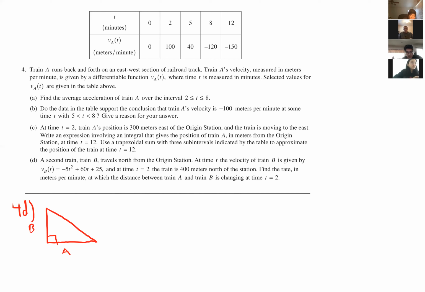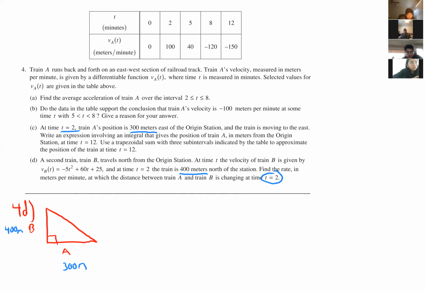And then we're working at t equals 2. We know from part C that at t equals 2, train A is 300 meters east. So I'm going to say 300 meters. And here it tells you at t equals 2, it's 400 meters north. So this would be 400 meters.